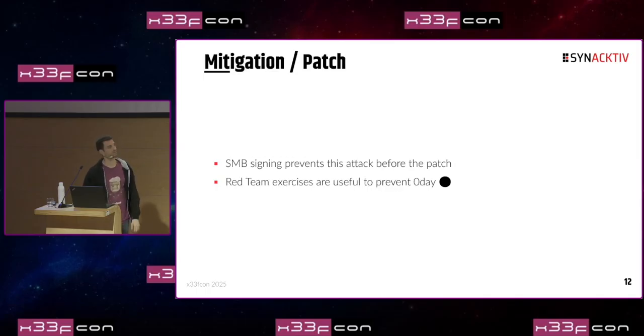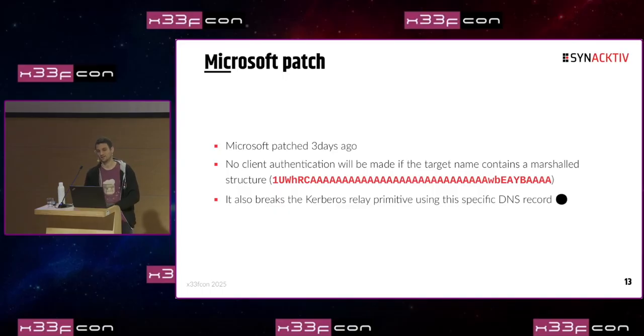And regarding mitigation and patch, as I mentioned, SMB signing prevents this kind of attack. So it's still useful in a red team exercise to prevent this kind of vulnerability, to prevent zero-day vulnerabilities. And 3 days ago, Microsoft released a patch.